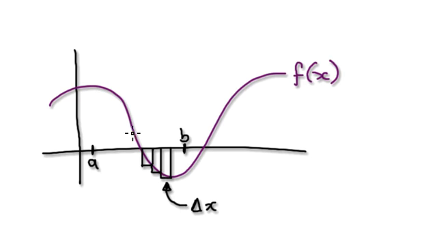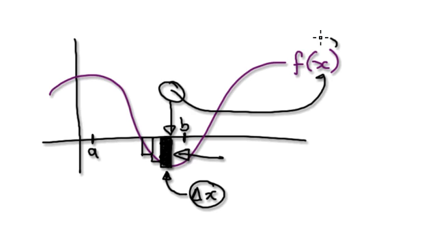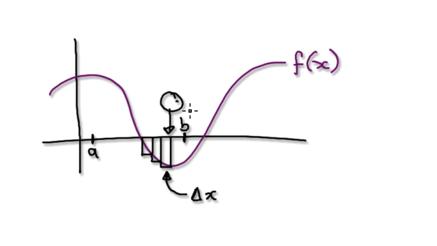Now, if you look at what happens when it enters the negative realm, let's just look at this rectangle here. The area of this rectangle would be the width times the height. Well, when you put this into the f of x here, it will give you a negative height, because when you put this value into here, it will jump to this point here. f of x here will be negative, meaning that the height is negative, and then you multiply by the width.